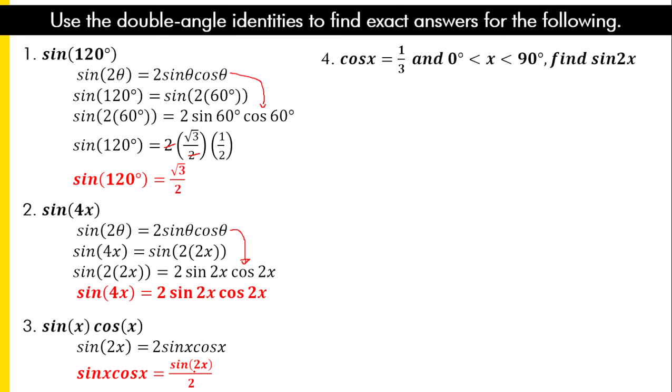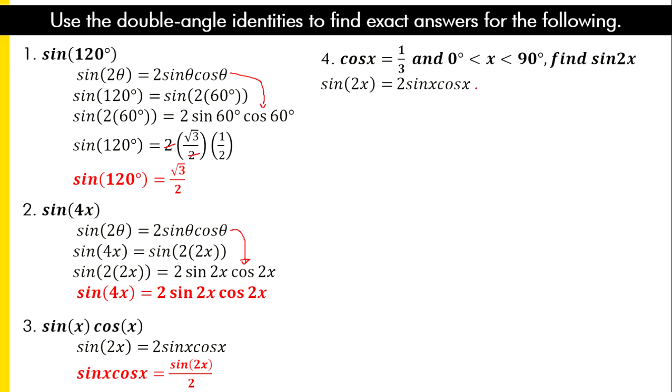And then for number 4, let's have an example. Cosine x is equal to 1/3, and the angle is between 0 degrees and 90 degrees. Let's try to solve for sine 2x, or the double angle of the sine. In this case, we have the formula for the sine, which is 2 sine x cosine x. Provided that we have cosine x, which is 1/3, we can substitute that.